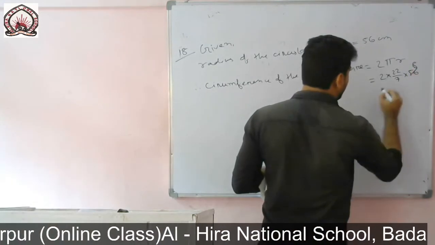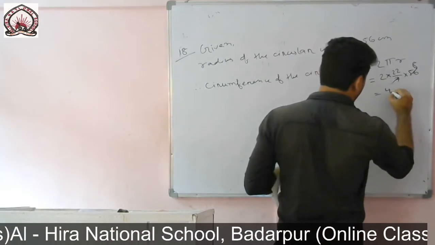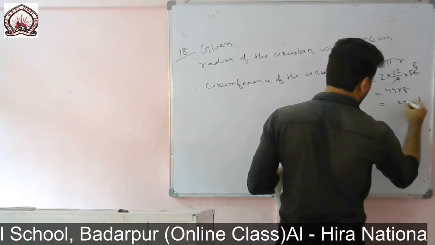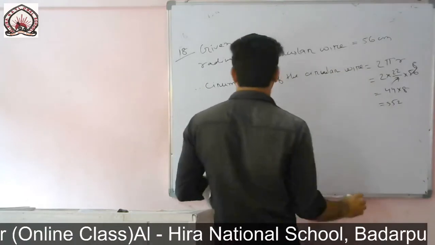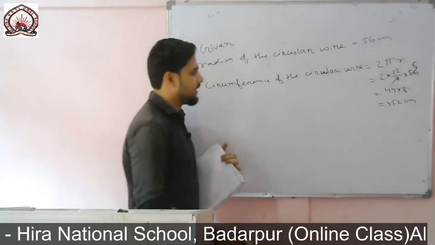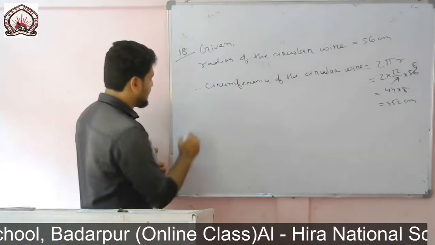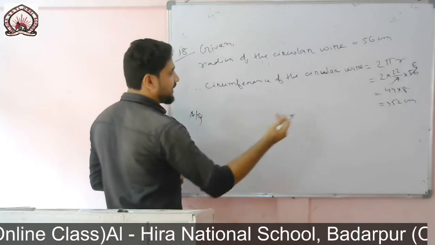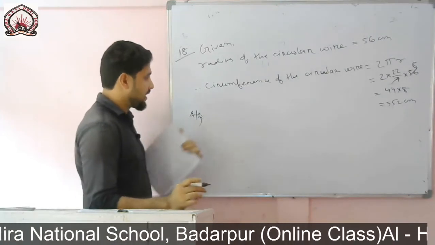If you cancel, then you will get 8. Then 44 into 8, 352 centimeter, and according to the question, this will be equal to the perimeter of the square.